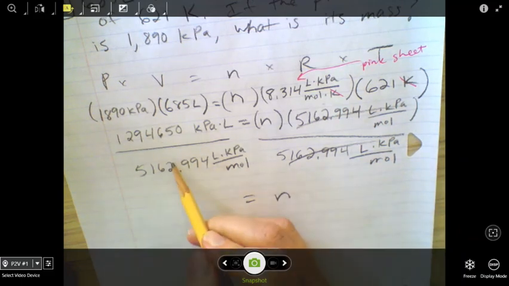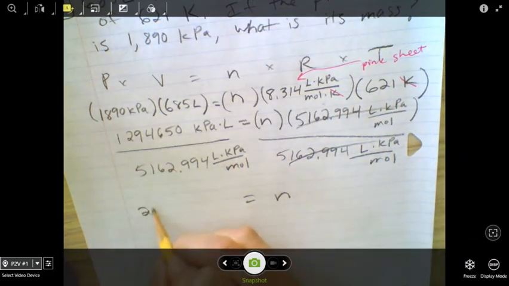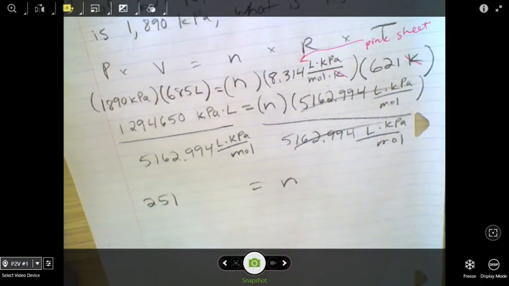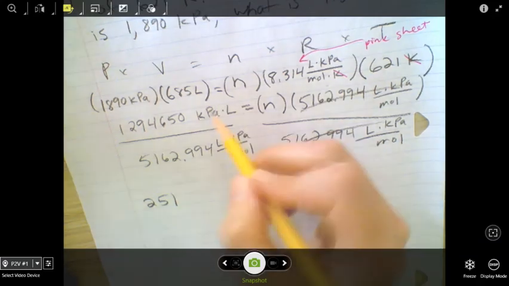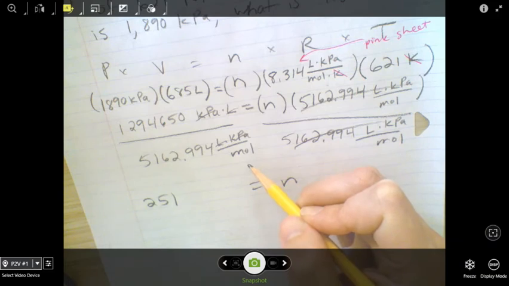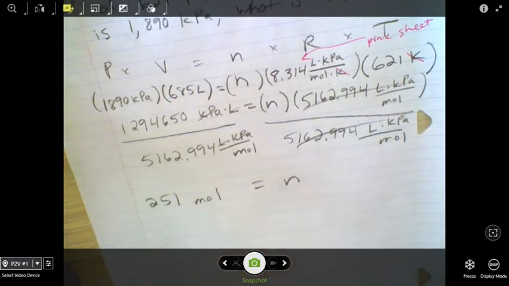This side, it should simplify to 251, okay? What's kPa liters divided by liters kPa per mole? What are the units for the answer there? Just mole, right? kPa liters cancels out. It's on the top and bottom. Moles is in the denominator of the denominator, so that means it's actually in the numerator, okay?